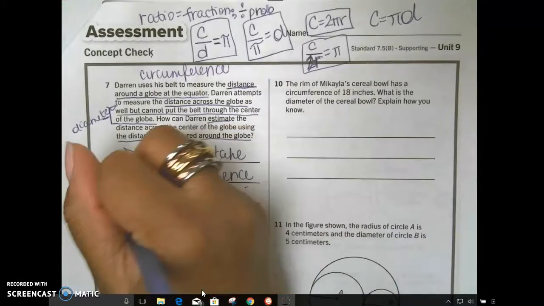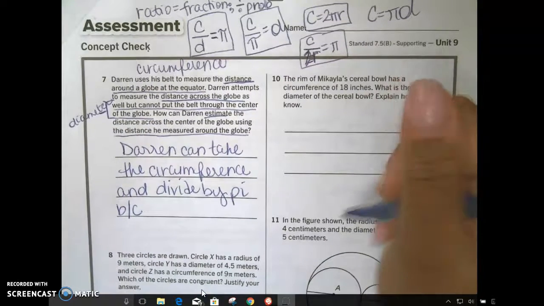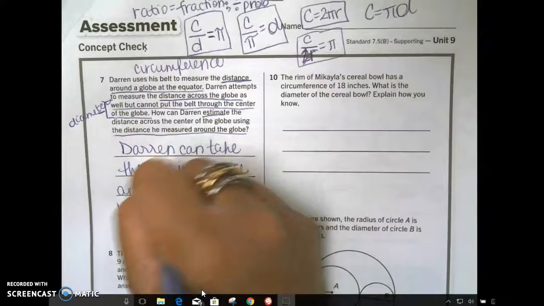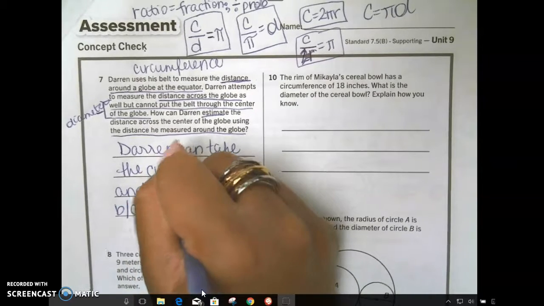Why is this so? Because circumference divided by pi equals diameter. Good. Circumference divided by pi equals diameter.